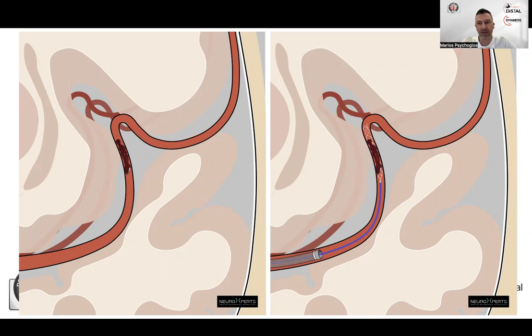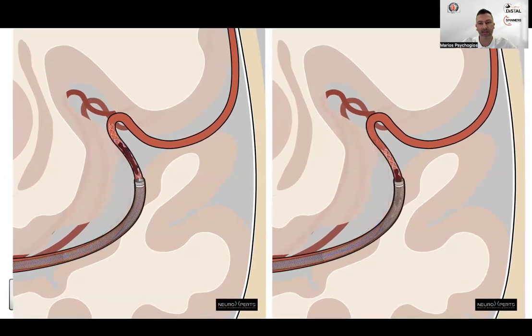What I've heard in a lot of talks the last months is that, yeah, you can take a big aspiration catheter, go all the way to the M2 to aspirate there, and I've seen people doing that. But the point that I see if you're doing that is that you're taking a big aspiration catheter and you're putting it in a vessel that's already dilated, and this is already maybe small for your aspiration catheter, right?